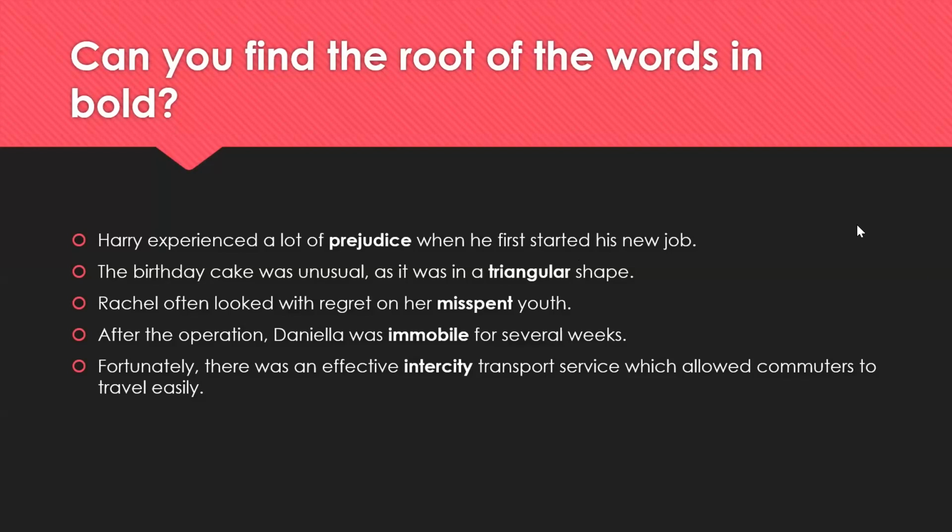The gle part is the suffix that changes it into an adjective, right? So the tri means 3, and angle means to have those angles in the shape, 3 angles, and then it's an adjective with the ending. So for that one, the root is tri, meaning 3.